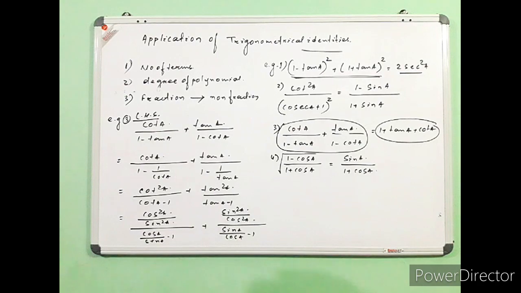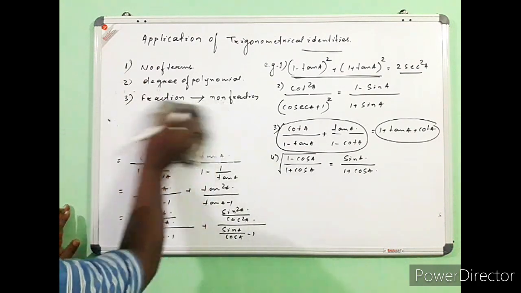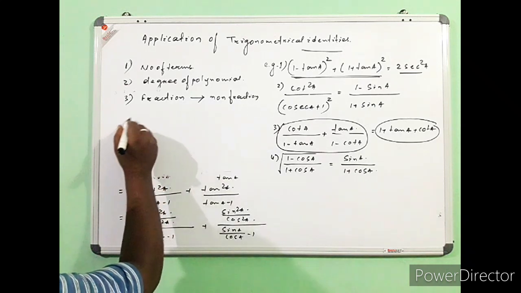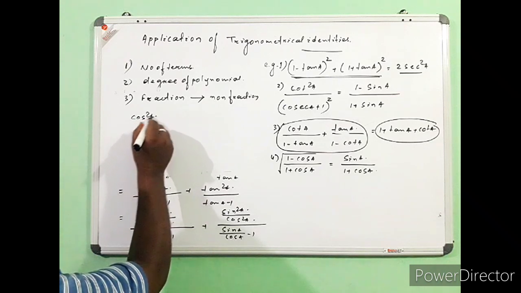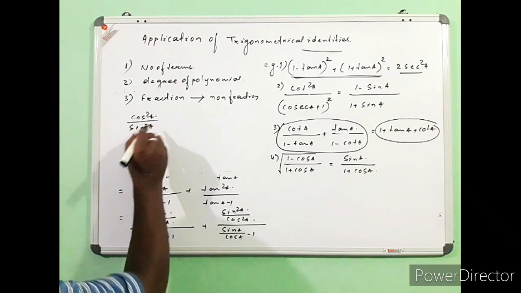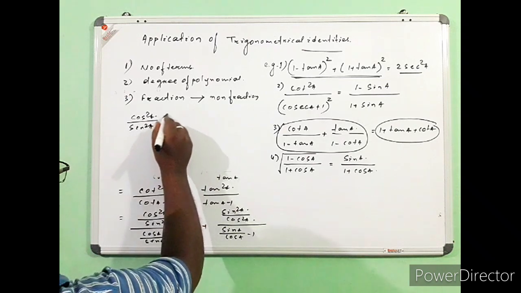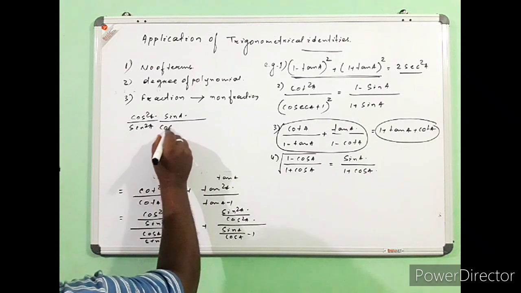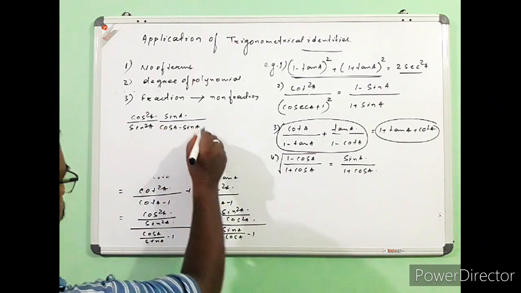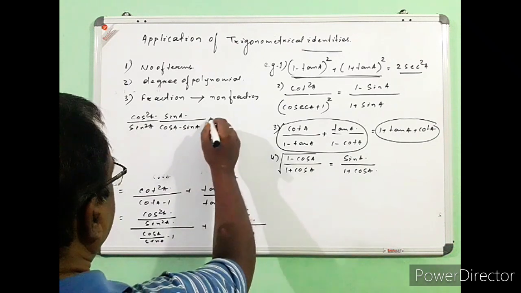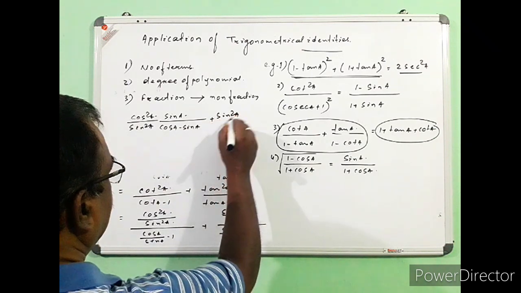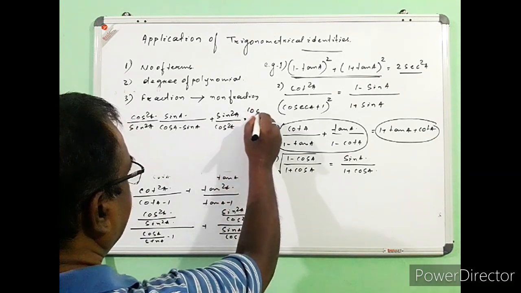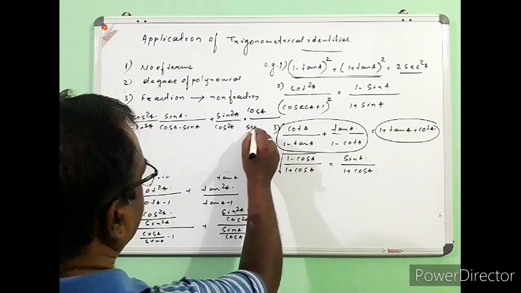Now this becomes cos square A by sine square A into sine A by (cos A minus sine A), and this becomes sine square A by cos square A into cos A by (sine A minus cos A).